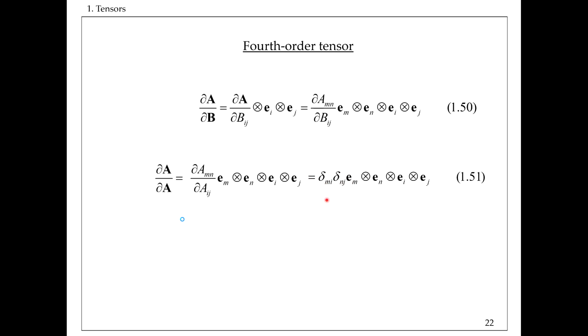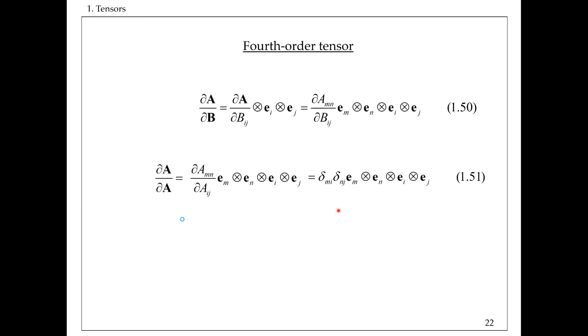And in that way, you can introduce a different structure for a higher order identity tensor, right? We had the second order identity tensor, which had only one delta, but here we have a fourth order identity tensor that also can be used.